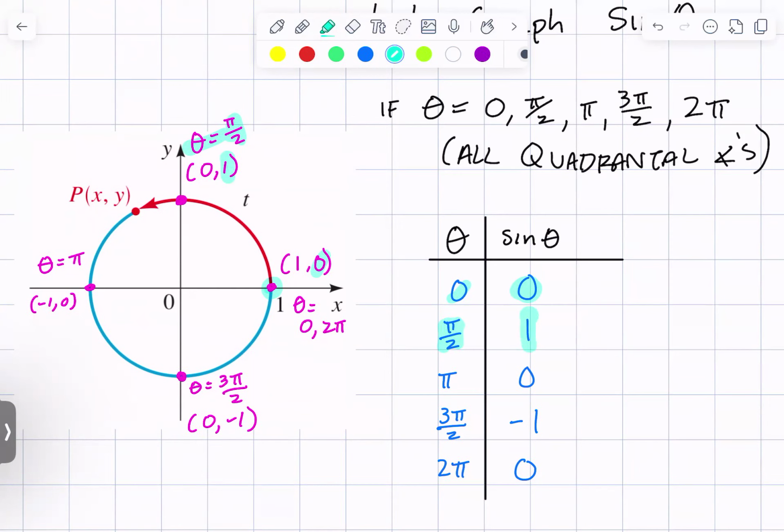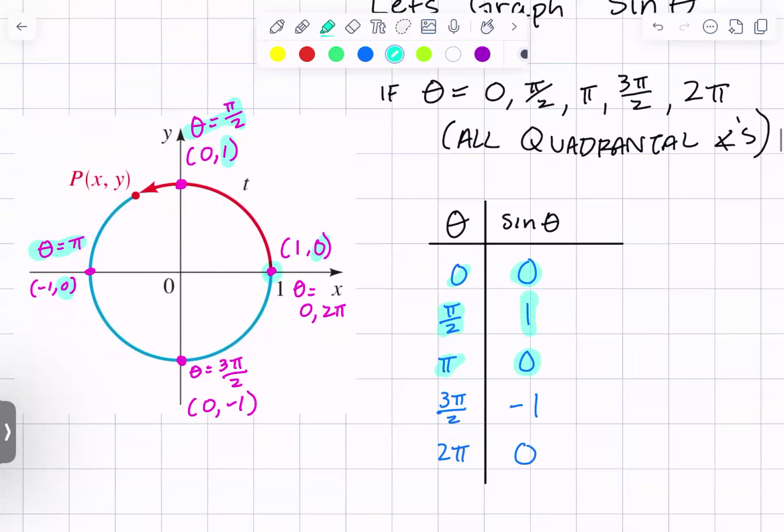At pi, our sine value is 0. That's why I have a 0 right here. At 3 pi over 2, this is the angle that I'm talking about, and the angle is actually this angle here. This is 3 pi over 2. So this is for reference, what we're doing.